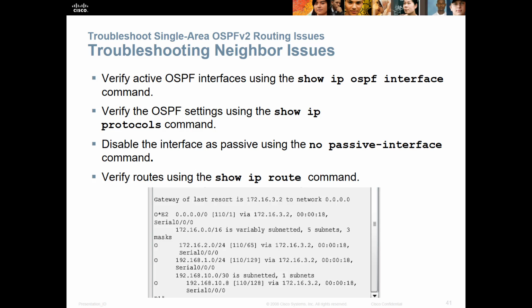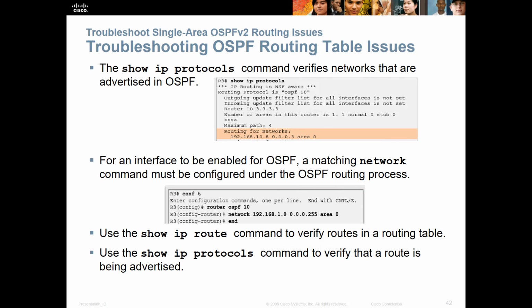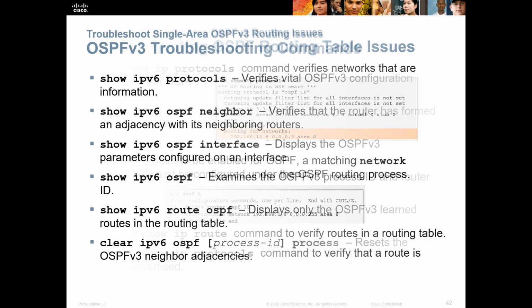If the interface is accidentally a passive interface. If we're talking troubleshooting the routing table, looking at the show IP protocols, looking at the router function in the show run, looking at the show IP route to verify the routing table has the correct routes and that someone didn't fat finger them.